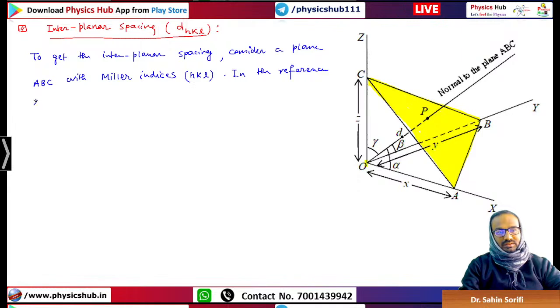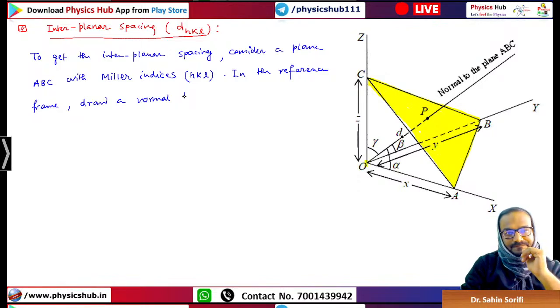look, XYZ we have drawn in a unique way. X, Y, and if you rotate from X to Y, it should go to Z. So that is what is happening here. So in the reference frame, draw a normal to the plane from the origin.